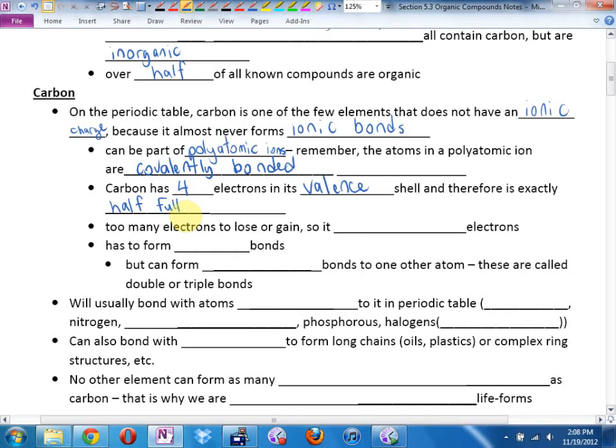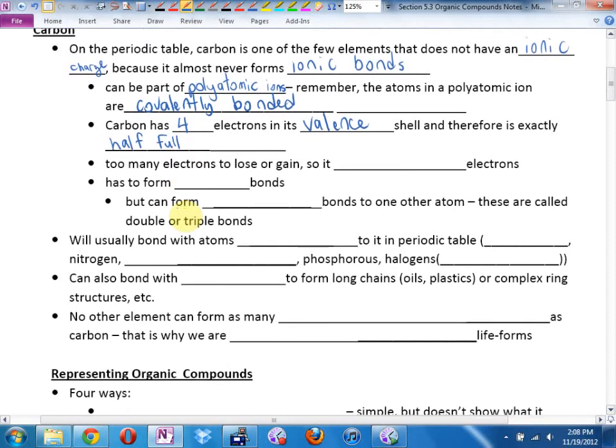It's going to bond covalently. So too many electrons to lose or gain, so it shares electrons, which means it has to form covalent bonds.